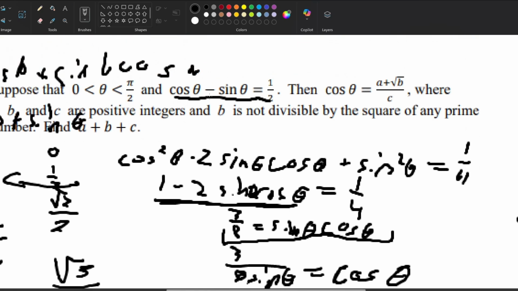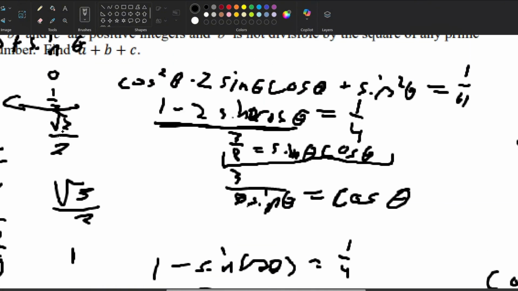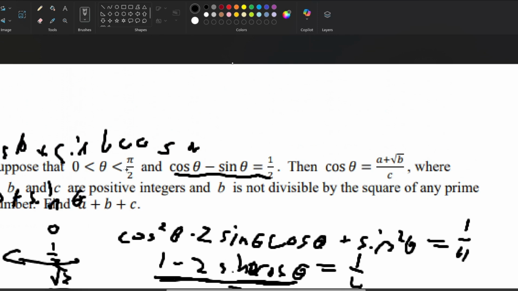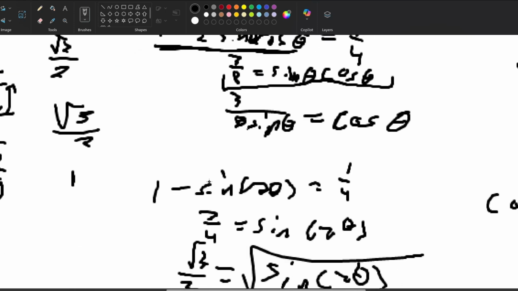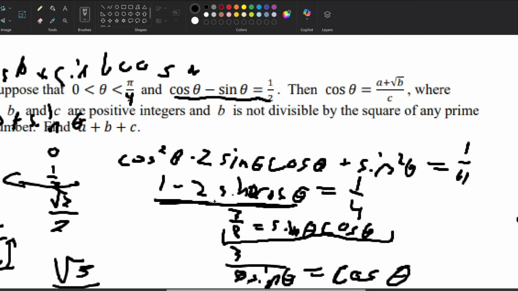So it means cosine minus sine. Cosine must be greater than sine, so it must be up here. So it's really between 0 and pi over 4. And it must be greater than sine by 1/2. If it's greater than sine by 1/2, I don't know.